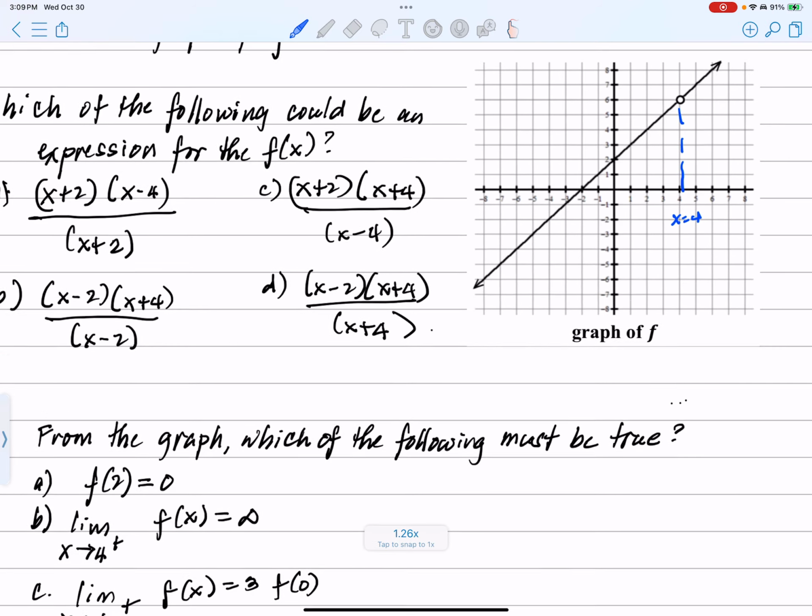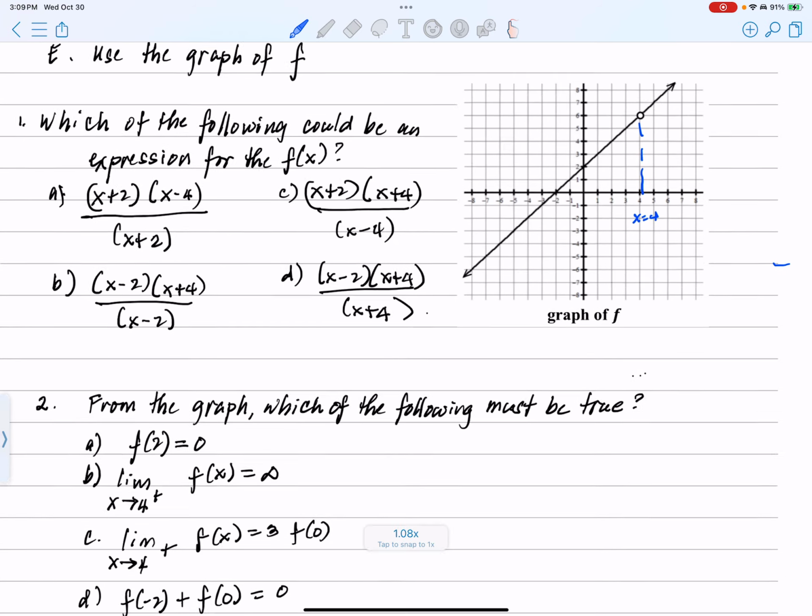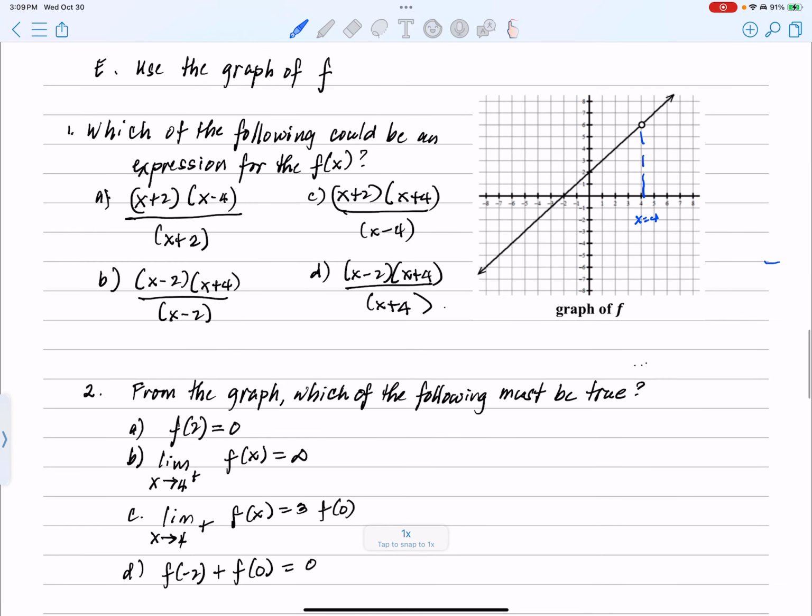Okay, so that means, because our choices are in terms of expression, we could find that factor. It comes from when x minus 4 equals 0. So it should be x minus 4 to have a hole at x equals 4.